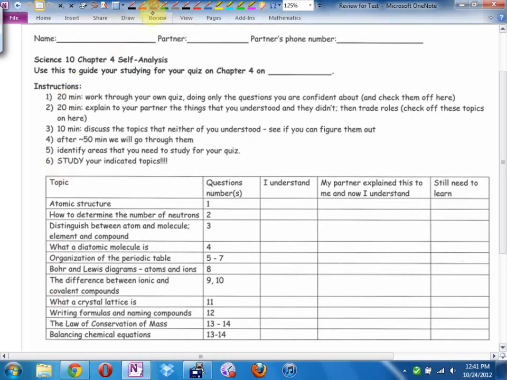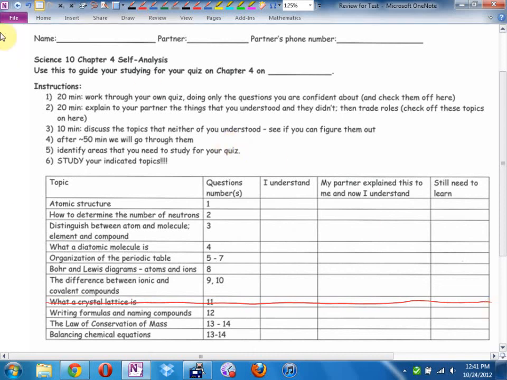Didn't I or not? Nope. Okay, we're not going to worry about what a crystal lattice is. It's nerdily cool, but that's okay. I'm going to give you about 20, 25 minutes to try working through this quiz. And then you want to ask someone nearby if there are questions that you don't understand, and you can try and figure out what's going on. You can use your textbook to help you learn.